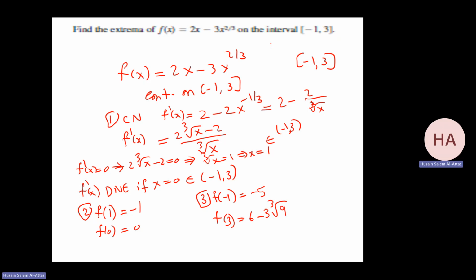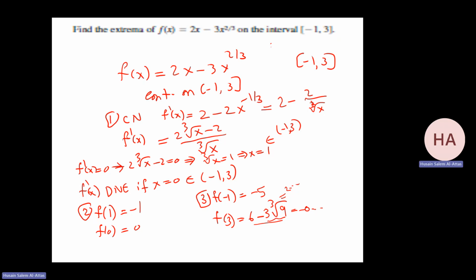Cubic root of 8 is 2, so cubic root of 9 is 2 point something.